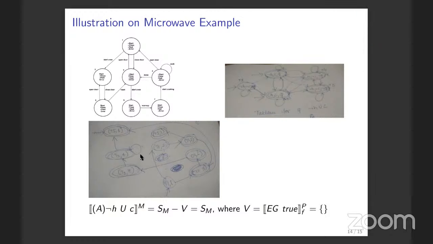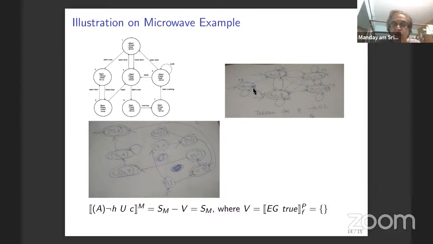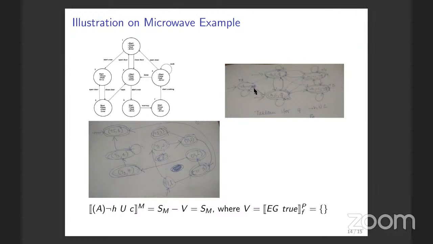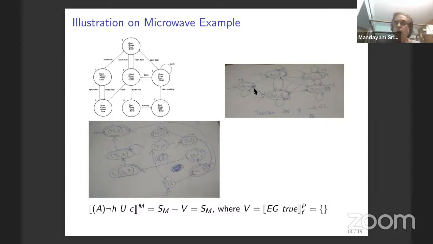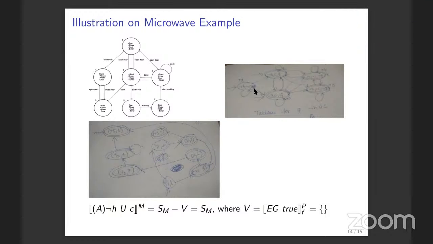A fair path means that it passes through some fair state, that is, the fairness condition corresponding to phi. So there are paths on which the fairness states happen infinitely often. Not all states, but some of them will.